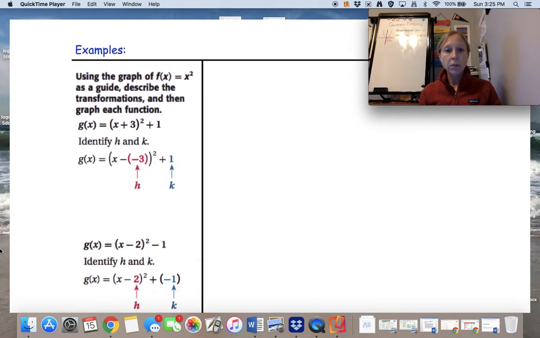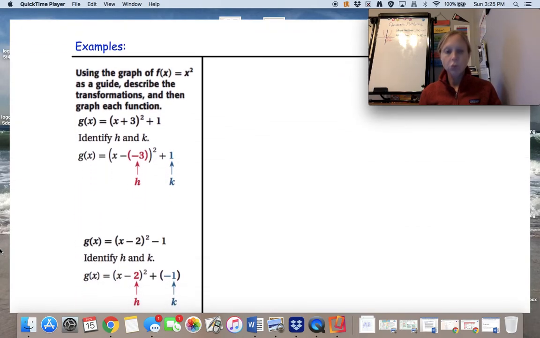All right, so let's just practice looking at those two types of transformations. It says, using the graph as a guide, describe the transformations and graph each function. So our first one is g of x equals (x plus 3) quantity squared plus 1. So we're going to identify our h and k.